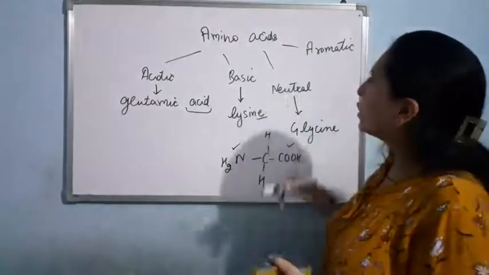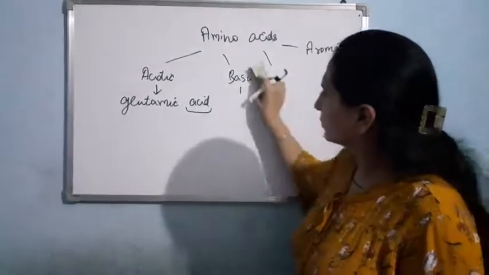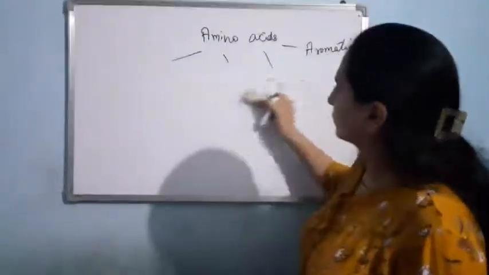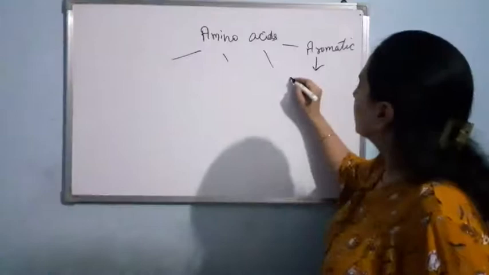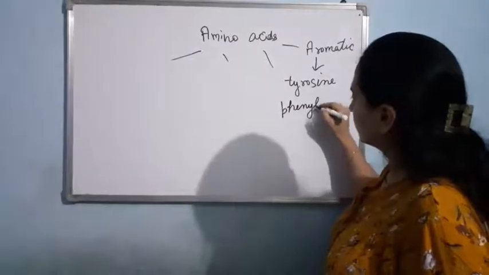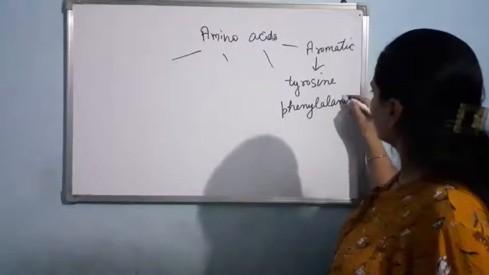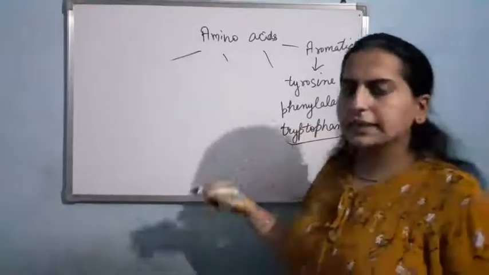Clear? If I talk about the aromatic amino acids, then let me draw. Its examples are tyrosine, phenylalanine, tryptophan. Now let me make its structure.